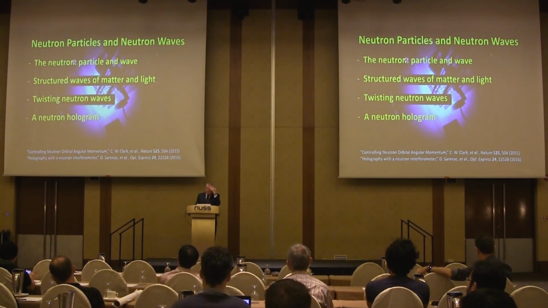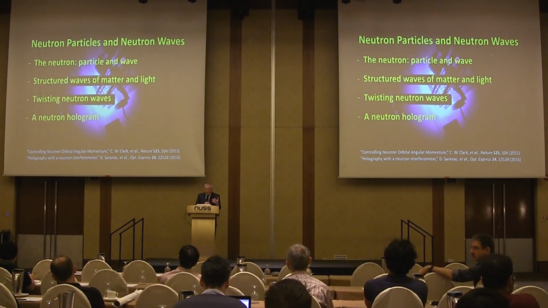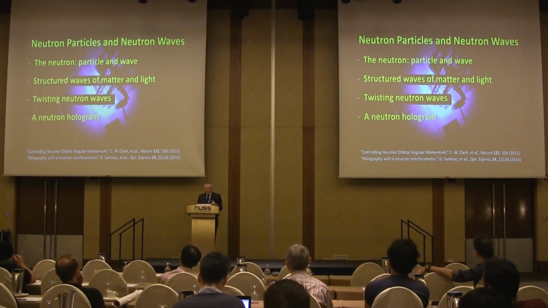Okay, so just to recapitulate, I tried to give you some insight into the origin, the applications, the basic nature of the neutron, its particle and wave characteristics, and showed you how those match up in many ways with those of matter and light. But again, there's this very large difference. First, we're talking about things that are mediated by the strong interaction, which is kind of irrelevant to almost every other mode of quantum motion that we experience in the laboratory.